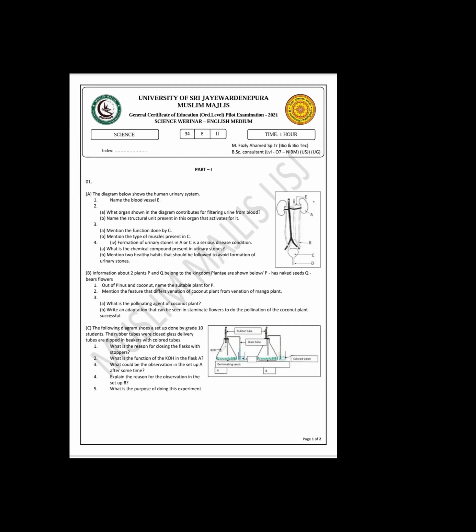As I told before, mention two healthy habits that should be followed to avoid formation of urinary stones. Drink water: drinking the required volume of water daily helps this condition, and avoid using drugs.